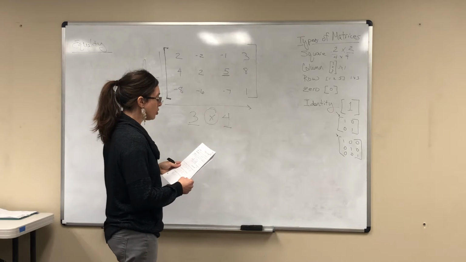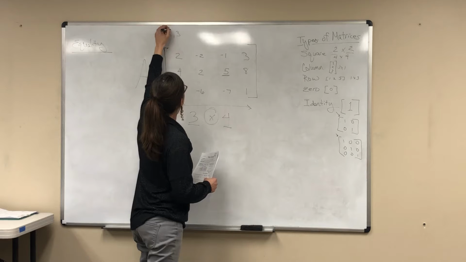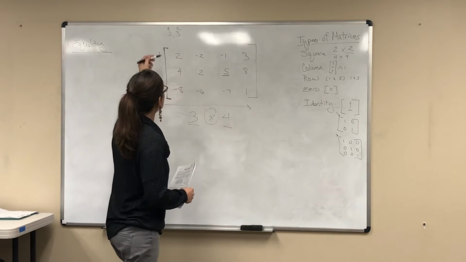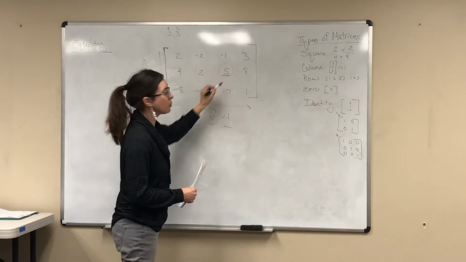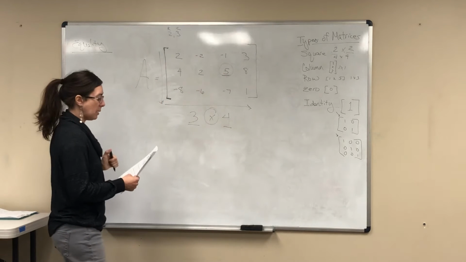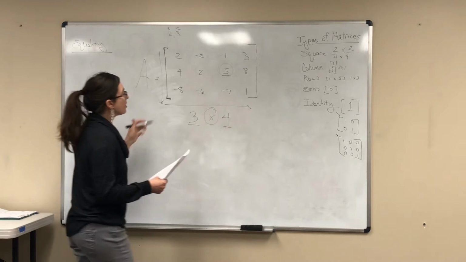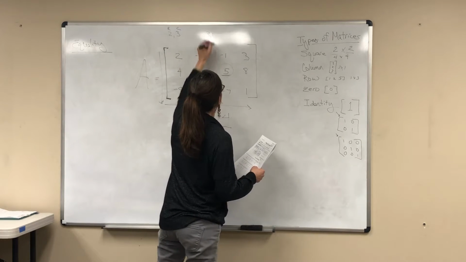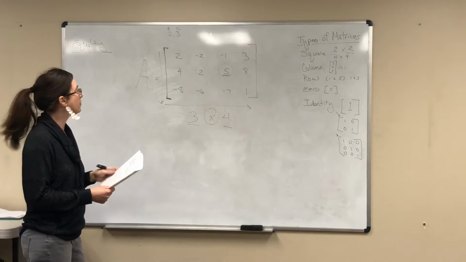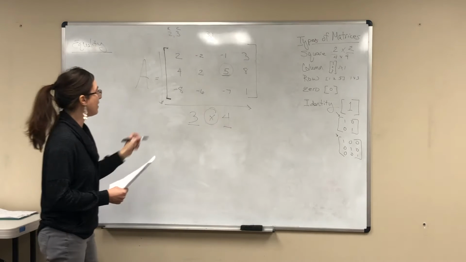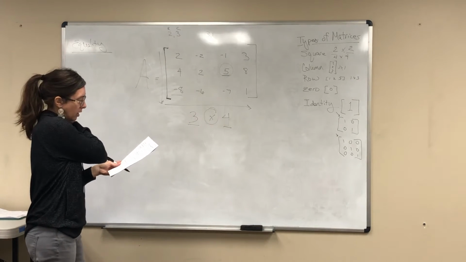The entry 2, 3, this is going to be your row and your column. Row 2, column 3, that entry is what? 5. The number would be 5. What would be your entry 3, 1? -8. -8 would be 3, 1. Perfect.